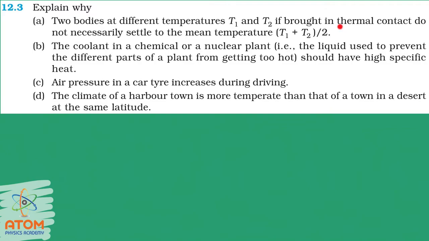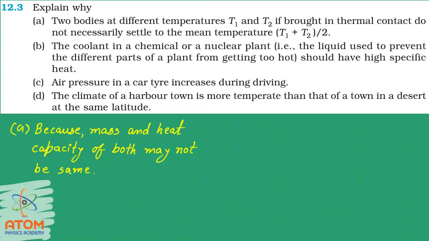If you bring them together in thermal contact, it is not necessary that the final settled temperature of both bodies will become 50 degrees Celsius. Why is it not necessary? Because the mass and the heat capacity of both the objects may not be the same. If both the objects have the same mass and same heat capacity, then it is for sure that the final settled temperature will be (T1 plus T2) by 2.